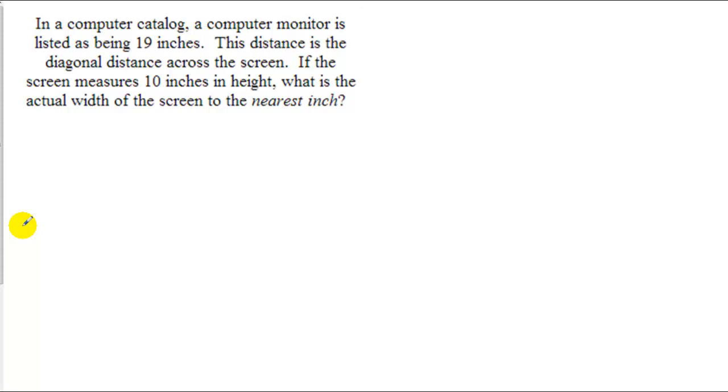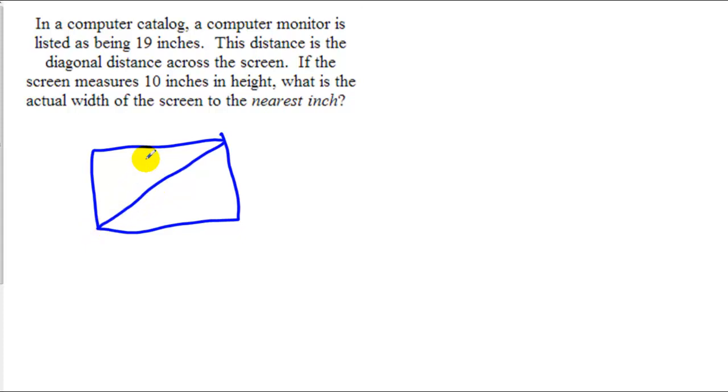Let's do an application. We see that a computer monitor is listed as being 19 inches. Now, whether you know it or not, the size of a screen is measured on the diagonal. So what they're saying is that we have a 19-inch diagonal.